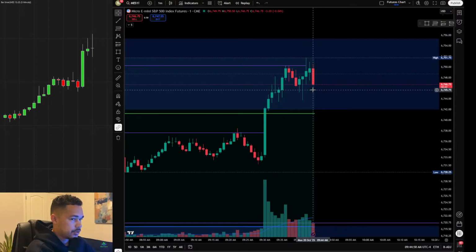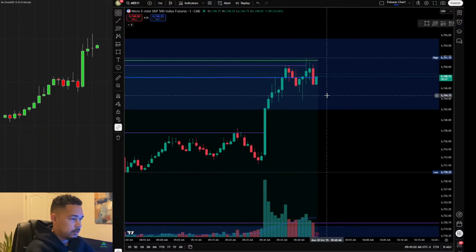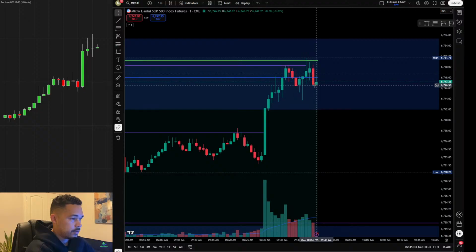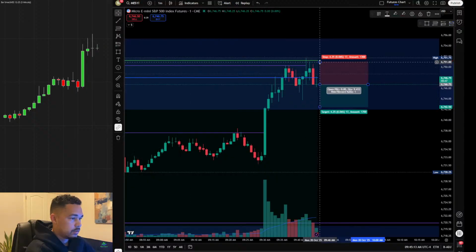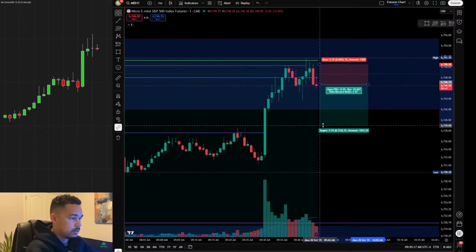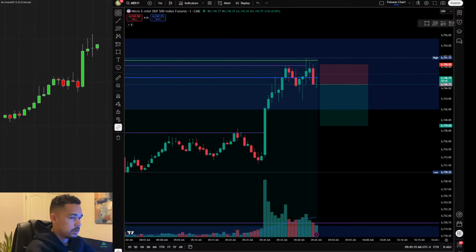So if this is a strong bearish candle, then okay, so now point of control has switched. So let me see. Ten contracts. Let's see what price wants to do at this point.